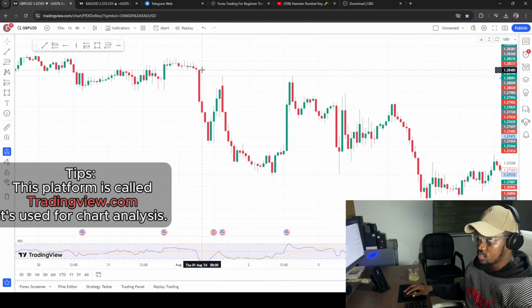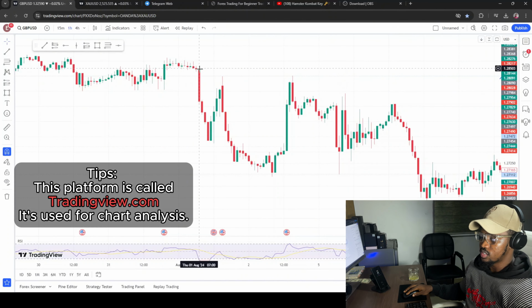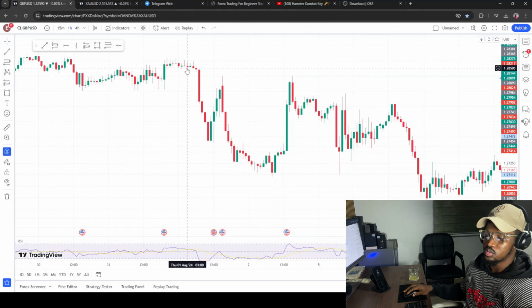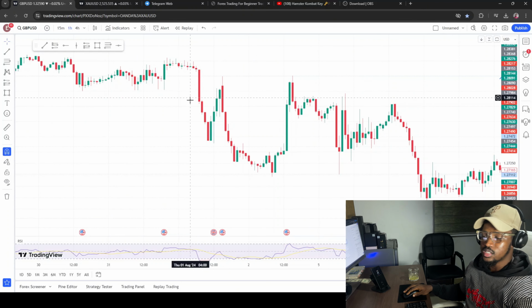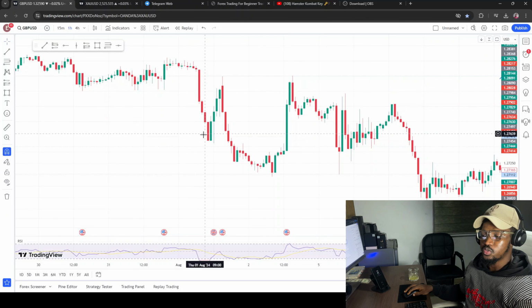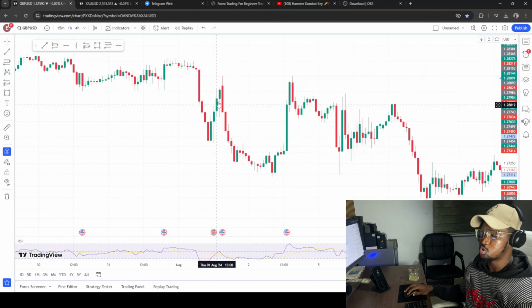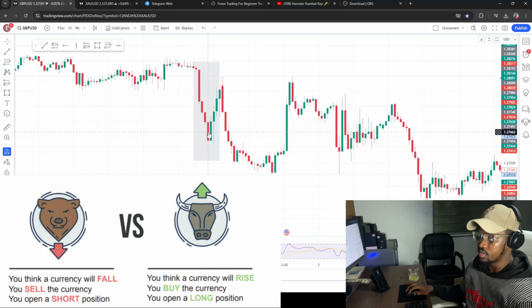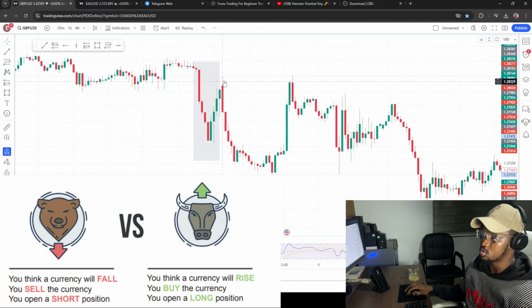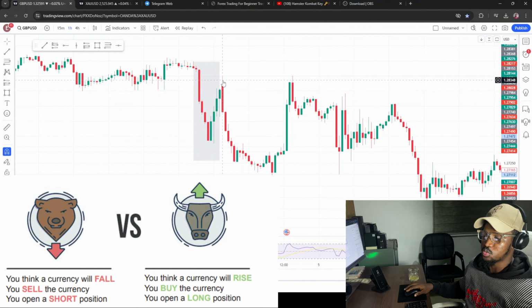So if you see this candlestick now, this is a red candle and this is a green candle. What this actually means is the trade is falling down, and this means the trade is going up. Everybody believed the market was going to fall, and here everybody believed the market was going to go up. That's what it means.